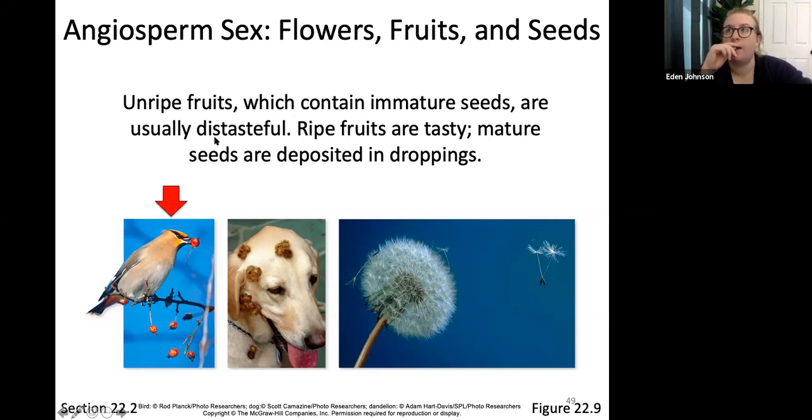If you have organisms in nature that eat fruits, they know exactly when to harvest them. They know exactly when they are ripe enough to eat. When they are ripe, that means that the seed is ready. So you don't want your fruit to be ripe too early, because you don't want your seeds dispersed before your seeds are ready, okay? So ripe fruits are tasty, mature seeds are deposited in their droppings.